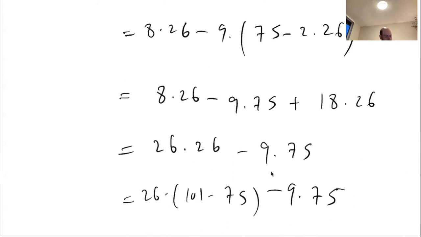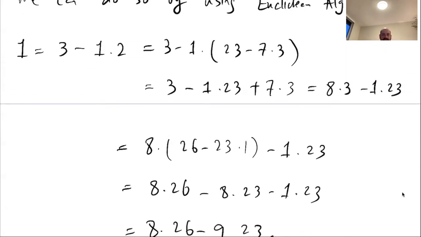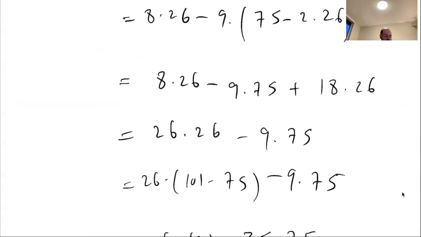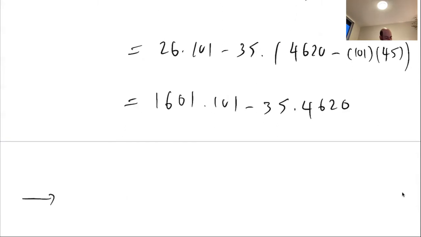Okay, so we wrote 1 as a linear combination of A and M. Then again, remember the proof. After we wrote 1 as a linear combination of A and M, we looked at the equality as a congruence mod M. So that means 1 mod M is 1,601 times 101, because the other term becomes 0, right?